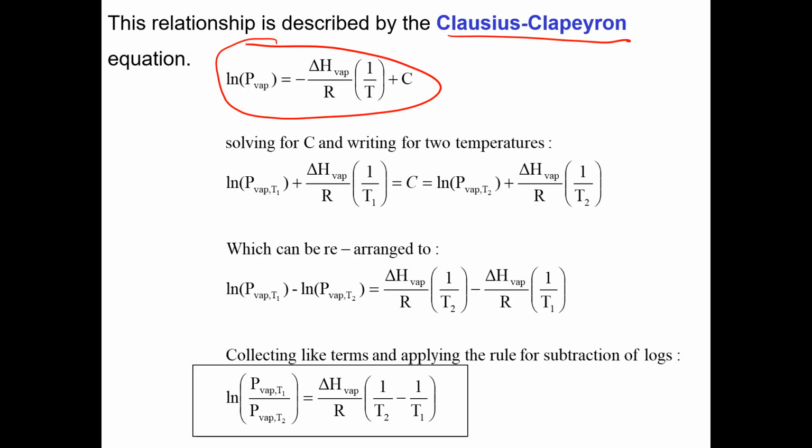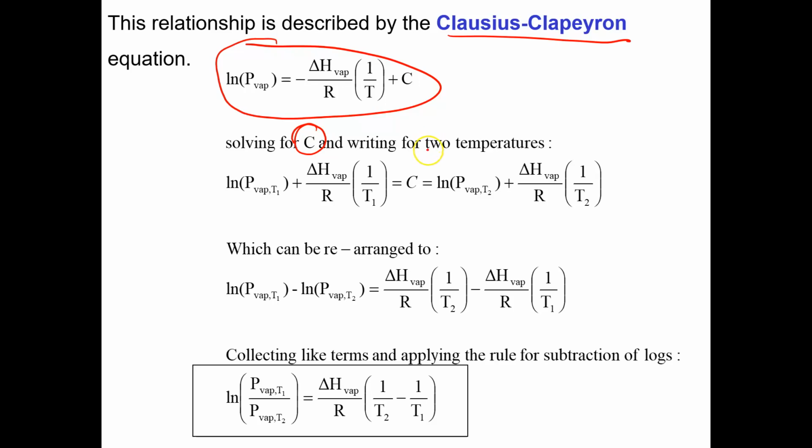And so one way of doing that is to rewrite the Clausius-Clapeyron equation, not as the equation of a line, what they call the slope-intercept form, but rather in what they call the two-point form of the equation. And that allows you to get rid of that constant. So first thing we're going to do is reorganize this equation so that we have C by itself.